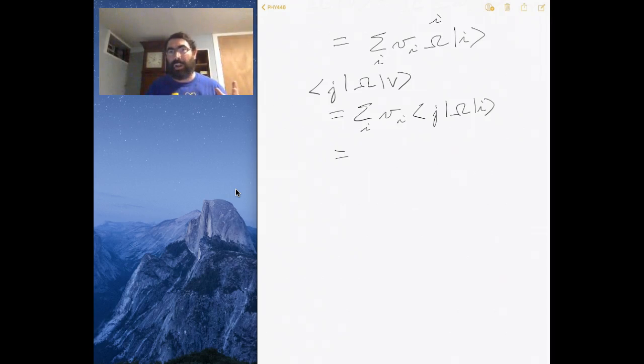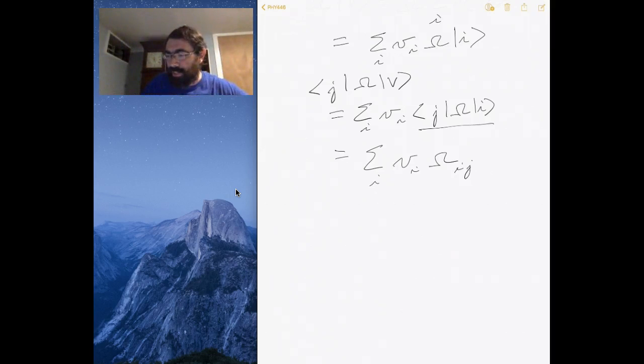I now have an inner product of j operating on the transformed basis I. So what I get is coefficients vi times now coefficients, which I'm going to call omega ij.